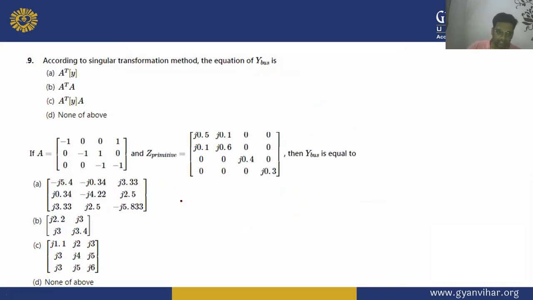Now question number 9. Now look at this. Another question. Now question number 9 says that according to the singular transformation method, the Y bus is what? Is it A transpose Y? This is A transpose A. This is A transpose YA, and this is none of those. Think about it.